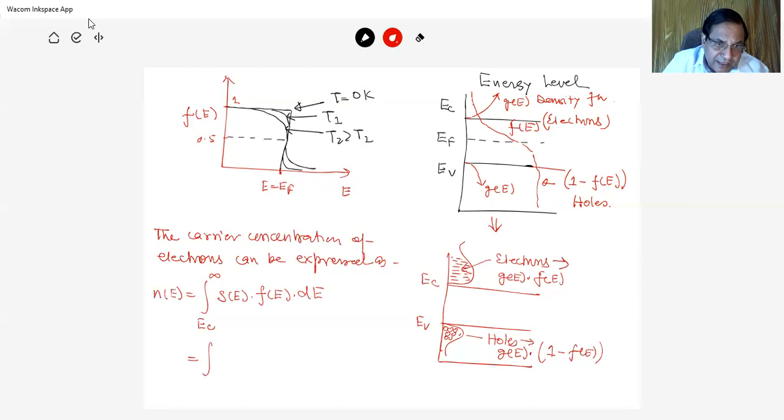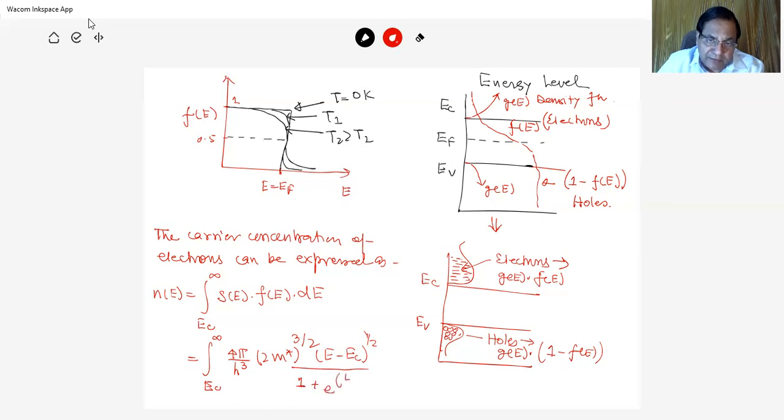By substituting this value, from EC to infinity, this is 4 pi by h cube, 2 m star to the power 3 by 2, E minus EC to the power 1 by 2, and then the function is 1 plus e to the power (E minus EF) upon KT into dE.